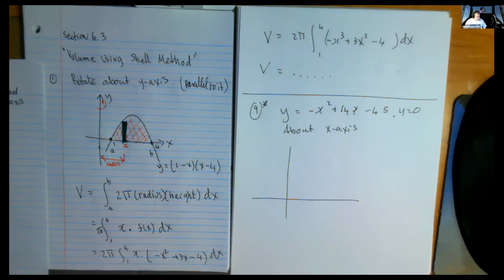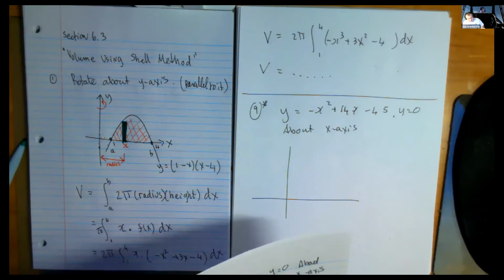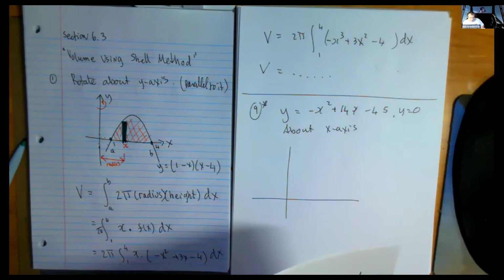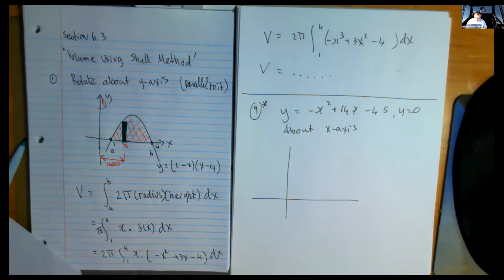And we're going to rotate this particular object. Is that 14x? Yes. Let's check that. Is it 14x? I might have misread it. My writing. 45? What's that? 14x? Yeah, 14.